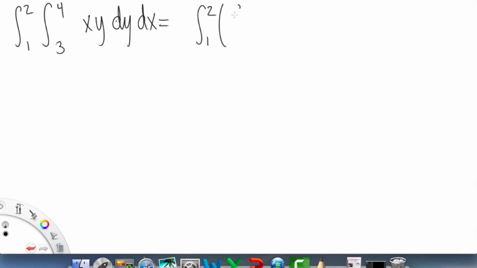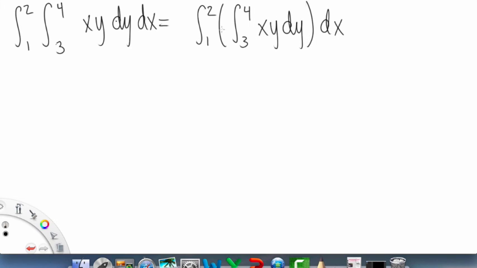So here's our problem: integral from 1 to 2, and then integral from 3 to 4 of xy dy dx. The first step, like I said, is to write parentheses around the inner one, so I know what I'm going to focus on first.